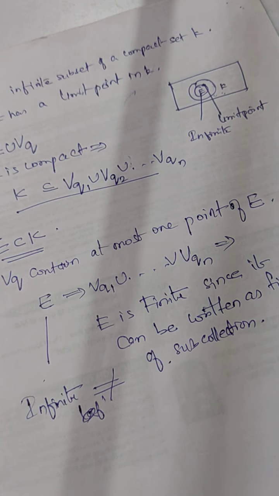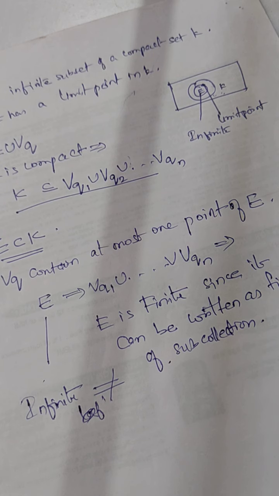So E cannot be written as a finite union of subcovers. Hence we can conclude that E has a limit point in K.